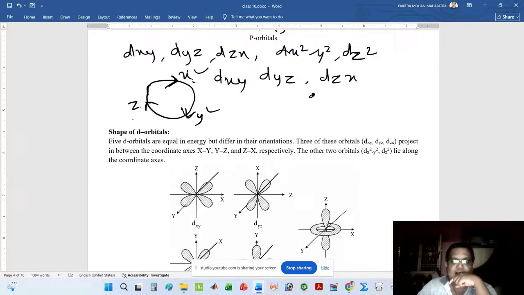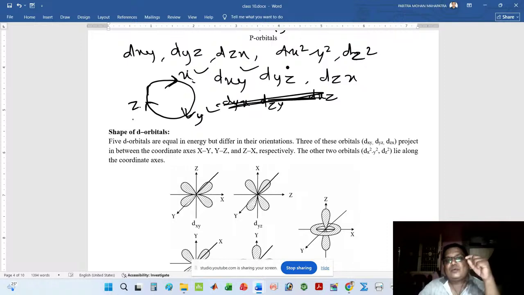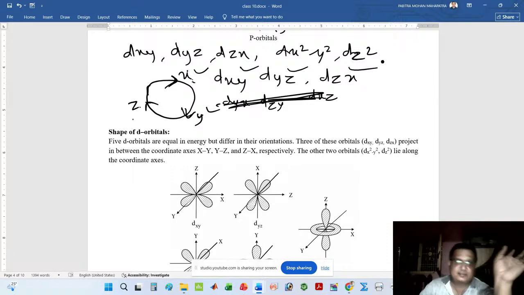Don't say dxz, don't say dyz, dyx, dzy. Don't write like this. Write like this in the circular representation: dxy, dyz, dzx. Another is dx square minus y square. Another is dz square.